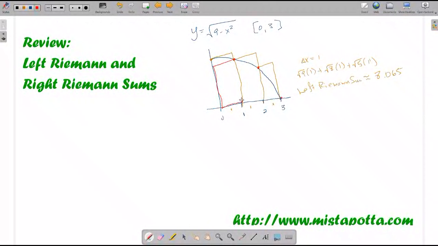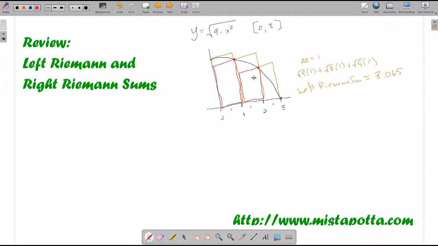I notice that this red rectangle that I'm graphing is exactly the same as this brown rectangle that I had. And this red rectangle is exactly the same as this brown rectangle that I had. The only rectangles that aren't the same are the endpoints.